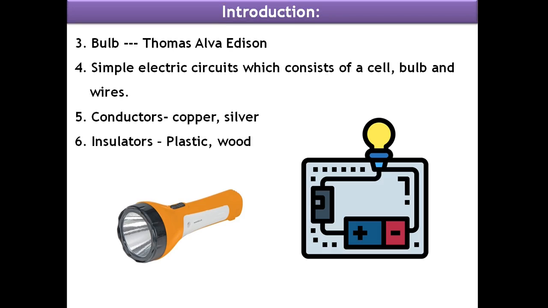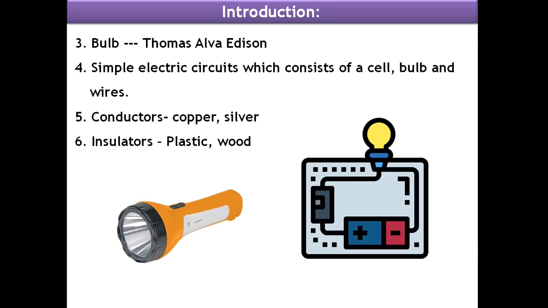We also learnt about the bulb and its inventor Thomas Alva Edison. We studied simple electric circuits which consist of a cell, bulb and wires. A circuit is a closed path that electricity can pass through. It consists of a cell, bulb and a few wires. That we have already learnt.